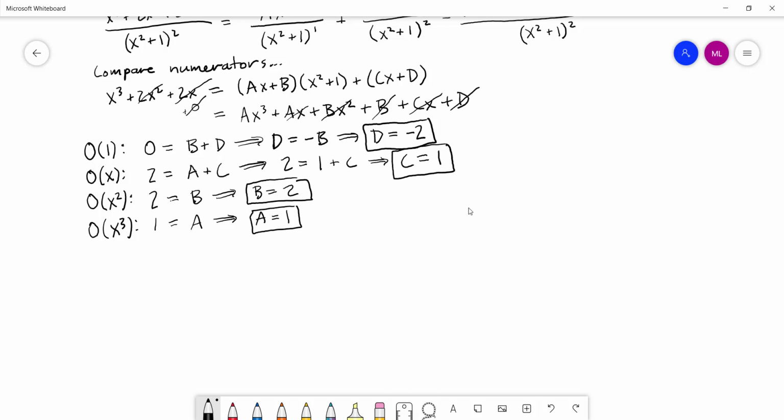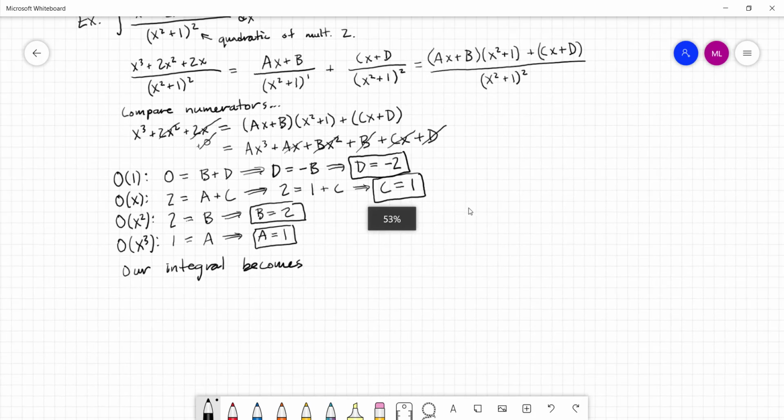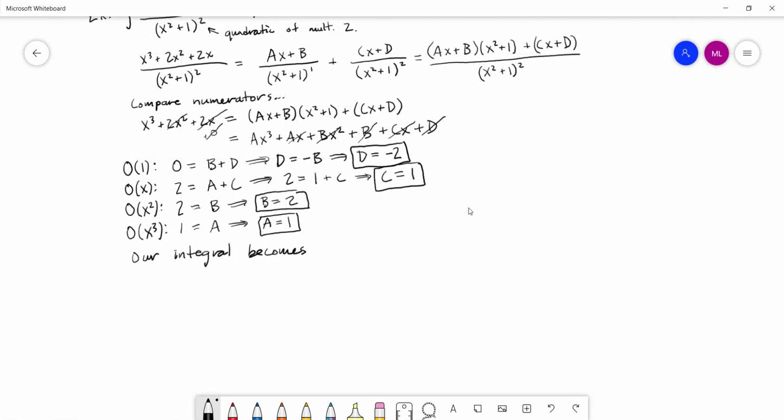Okay, so there are all of the values, and our integral becomes... just zoom out enough so I have room to write. So we're trying to do this integral, x cubed plus 2x squared plus 2x over x squared plus 1 quantity squared dx.